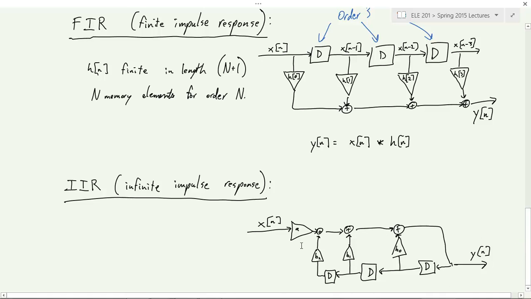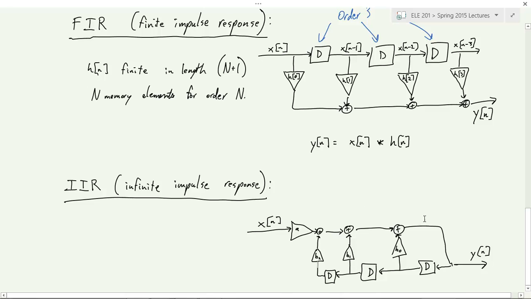To see that, you could just put a delta function in, and you'll find that it immediately causes an output at time 0, but also an output at time 1, time 2, and time 3, and each of those gets fed back as well.